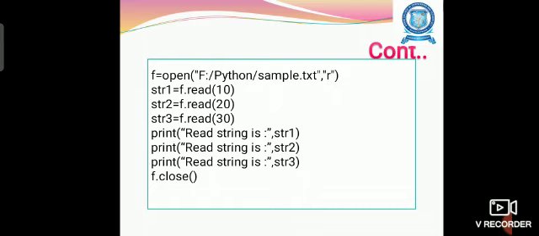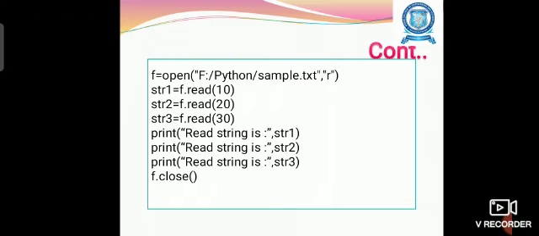After performing the second read operation, the file object will be placed at the 21st character in the file. Again we are reading with the read method, and now we are applying the count 30. The characters from the 21st position to the 30th position will be read, retrieved and stored into the variable str3.